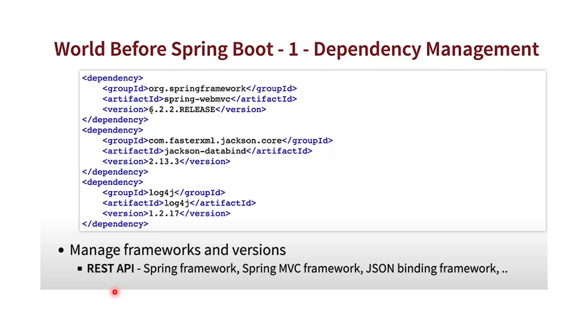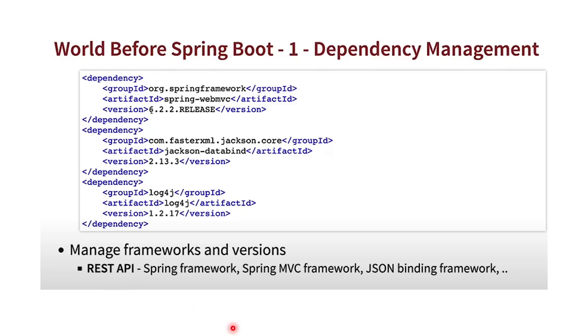If your application is communicating with some other application, suppose you are using a Spring application and want to communicate with a Hibernate application, if you are using Spring 5 and Hibernate 3, it will not be supported. It should be compatible.